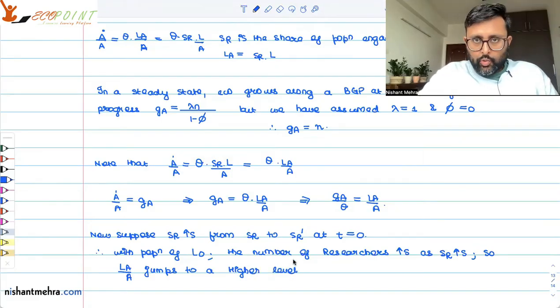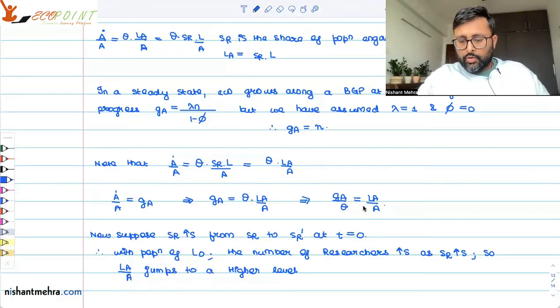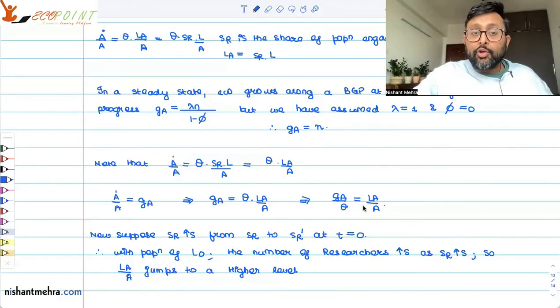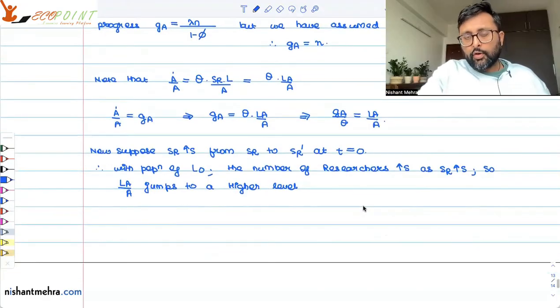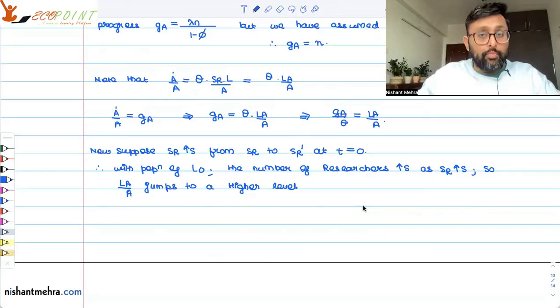At time period 0, the share of population engaged in research is going to increase, so LA is going to increase. So this ratio LA by A is going to increase. When you have more researchers, of course, they are going to produce more new ideas.